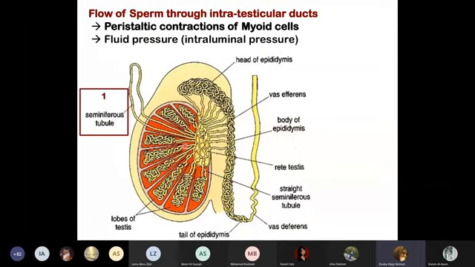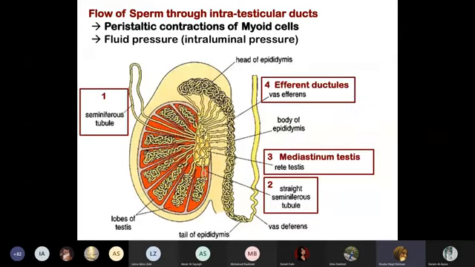First of all, they are transported from the seminiferous tubule to the straight seminiferous tubules, or the straight ductules, and then they move to the mediastinum testis or the rete testis, which we mentioned as the body of Highmore, where they reach the efferent ductules, so that they can finally reach the epididymis.